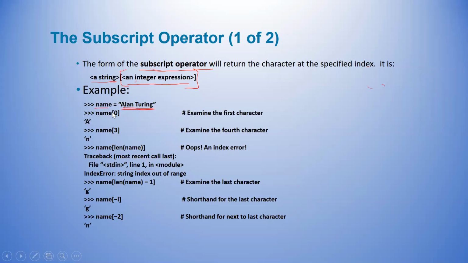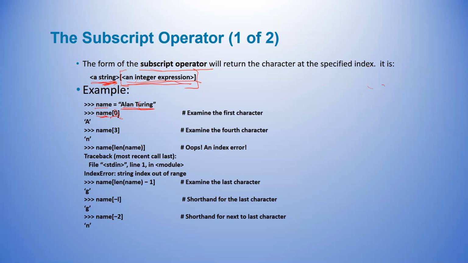Okay, Alan Turing, and name sub-zero, I call it sub, right? Subscript. So name sub-zero, it's a subscript operator here. Notice this is the syntax, the string and the subscript operator. The subscript operator inside is an integer expression.